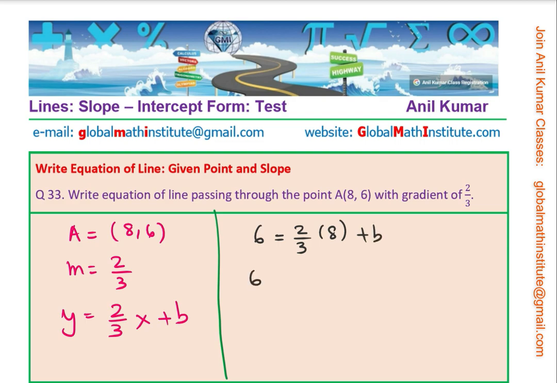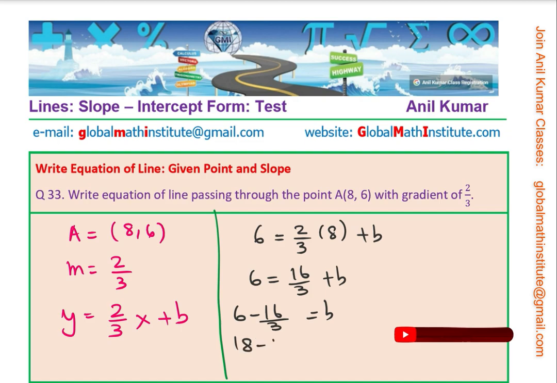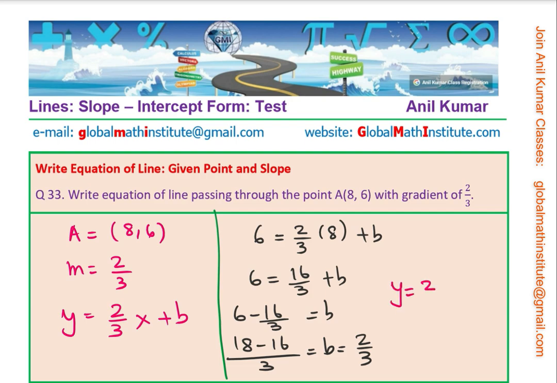So that gives you 6 equals 16 over 3 plus b, and 6 minus 16 over 3 is b, which is (18 minus 16) over 3. And that gives you 2 over 3. So now, once we know the value of b, which is 2 over 3, we can write the equation as y equals 2 over 3 x plus 2 over 3.